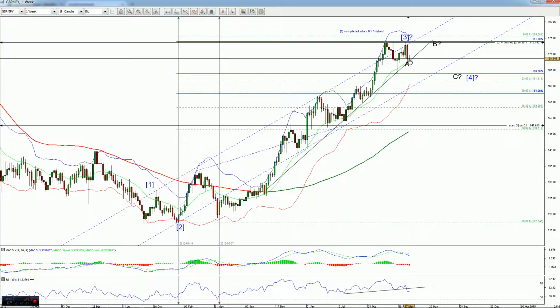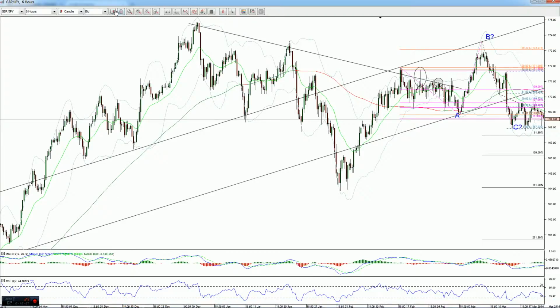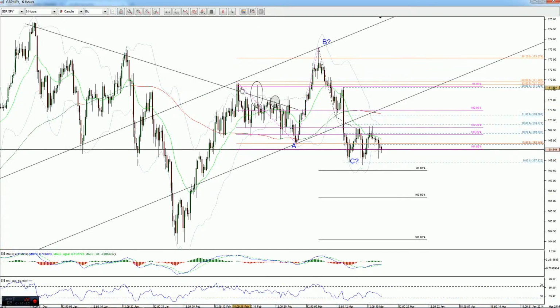The doji candle says indecision, so there are some issues around this level. I explained in one of my videos that we may have an ABC structure on the 6-hour chart, and considering it that way, we could have 1 2 3. That was everything explained, so I'm not going to talk about it once again.